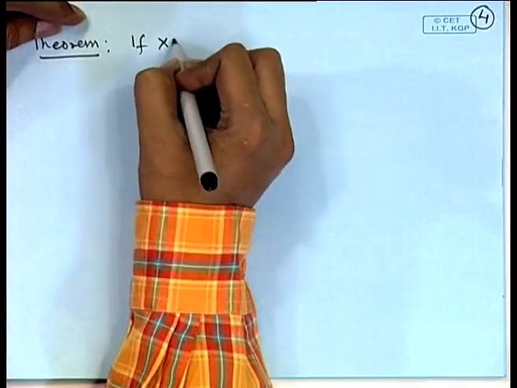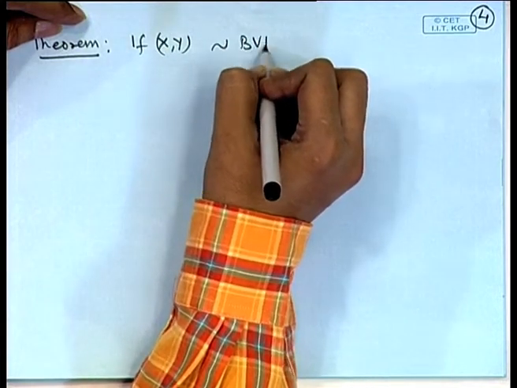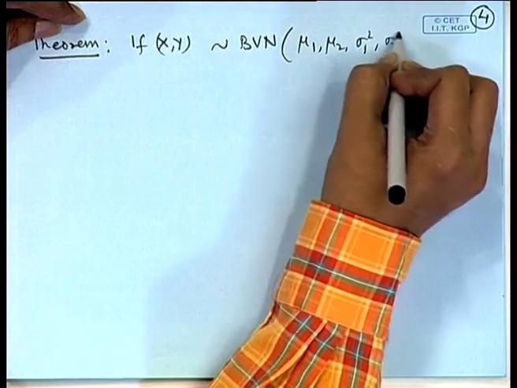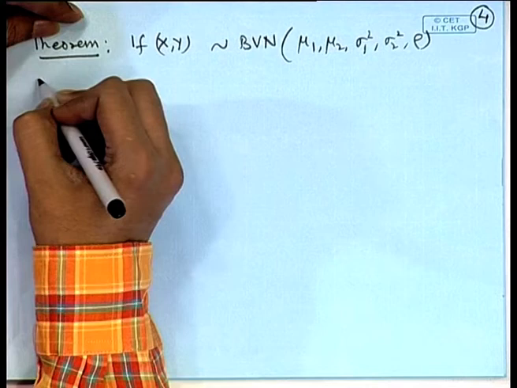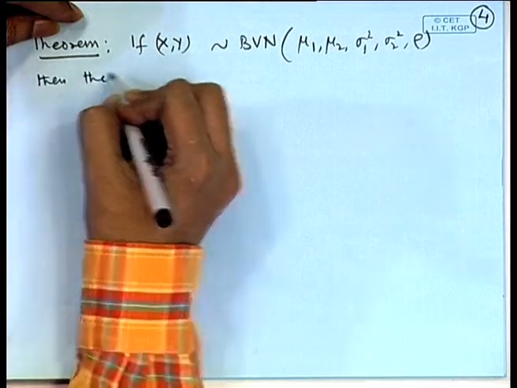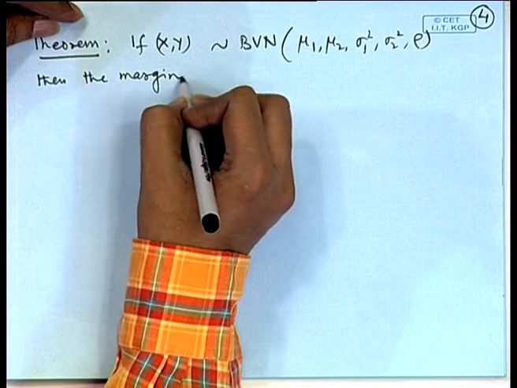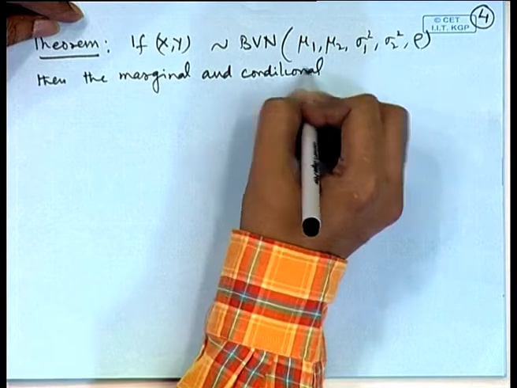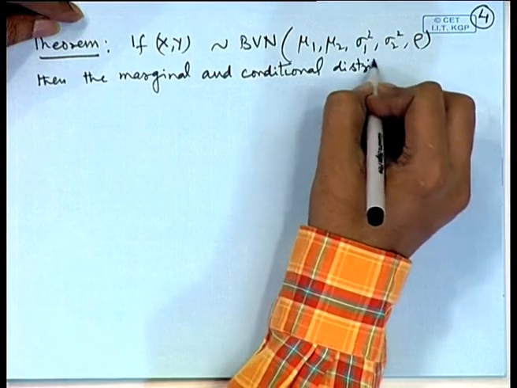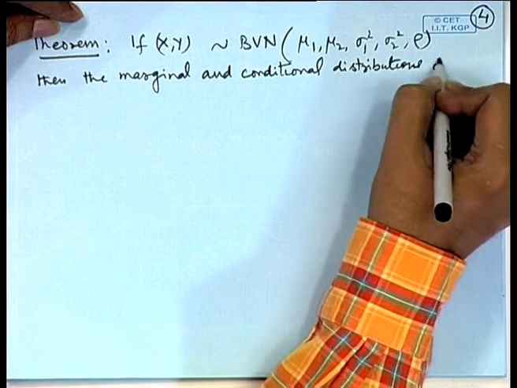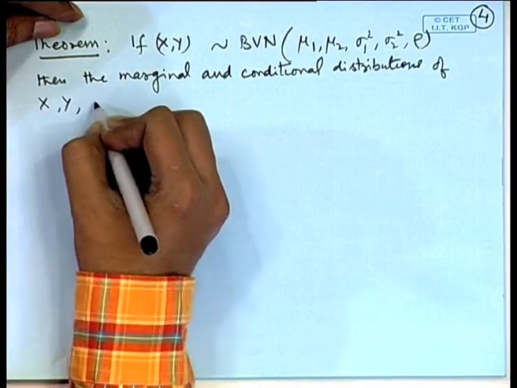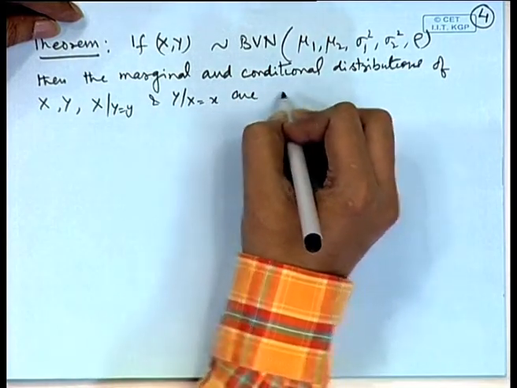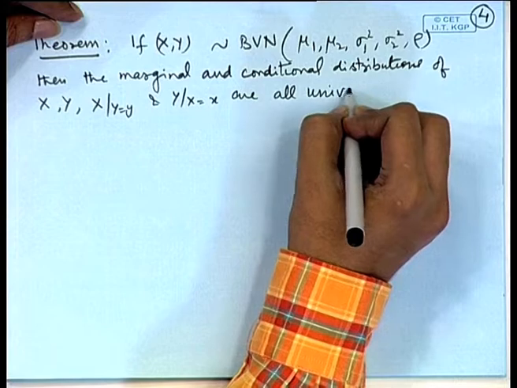If (x, y) follows bivariate normal with some parameters, say mu 1, mu 2, sigma 1 square, sigma 2 square and rho, then the marginal and conditional distributions of x, y, x given y and y given x are all univariate normal.